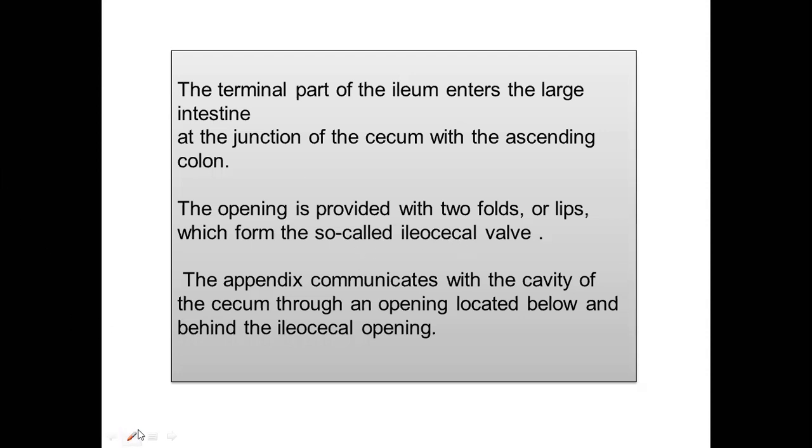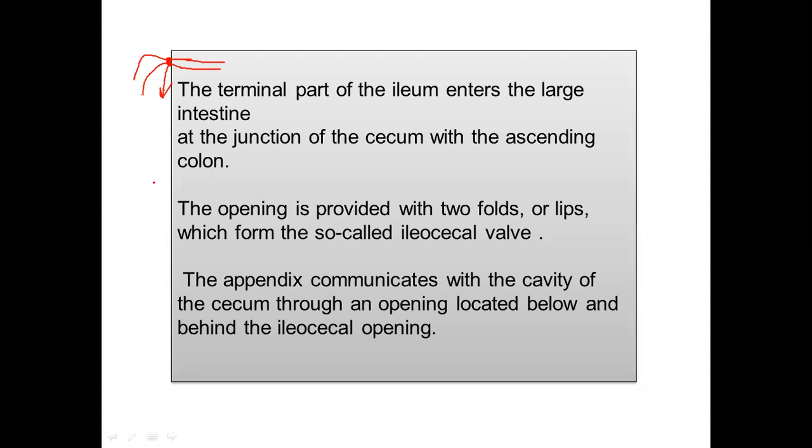So what is this ileocecal valve basically? If we consider this as the ileum, from here it converts into cecum. This point forms a valve, known as the ileocecal valve.